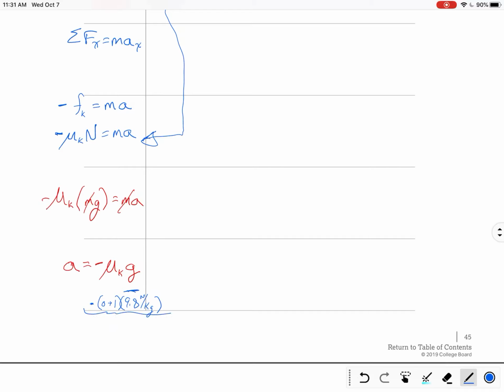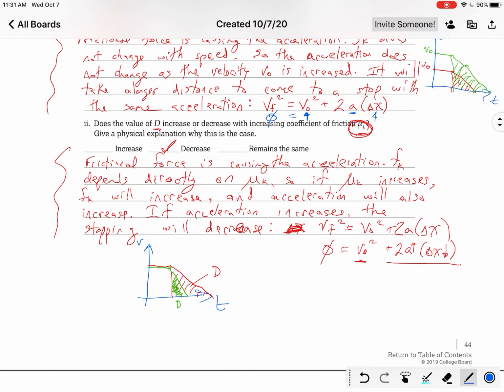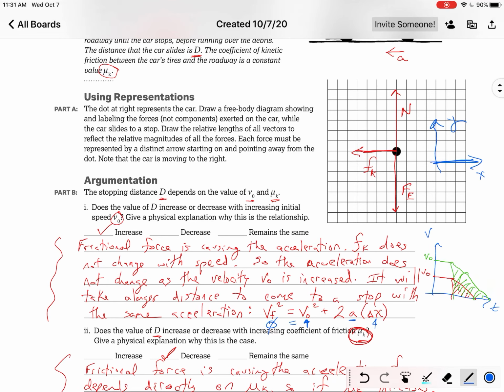And so our answer is going to be somewhere between 0 and 9.8 meters per second squared, and it's going to be in the negative direction. And that would make sense because I have defined negative in the leftward direction. That's the direction that the force is applied. That's the acceleration we would expect, so we get a negative answer. That's what we would expect. Okay.